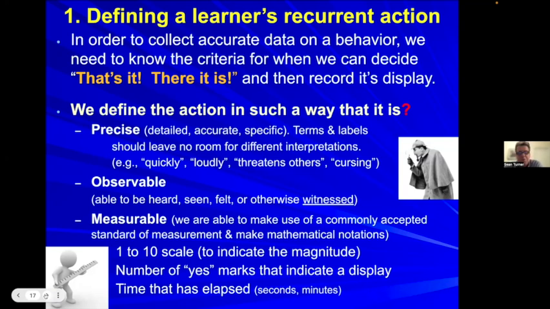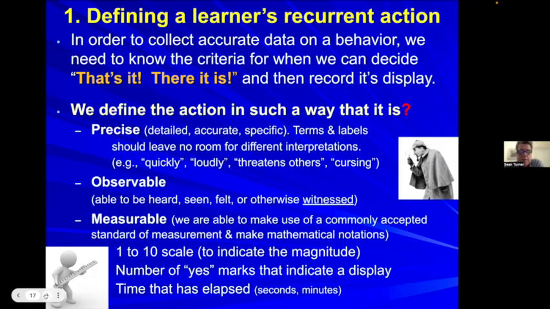But here's the two kickers, right? Observable and measurable. I would argue kindly that these are also components that, if you're asked to be part of an IEP writing team, you also have to write in a way that's precise, observable, and measurable.